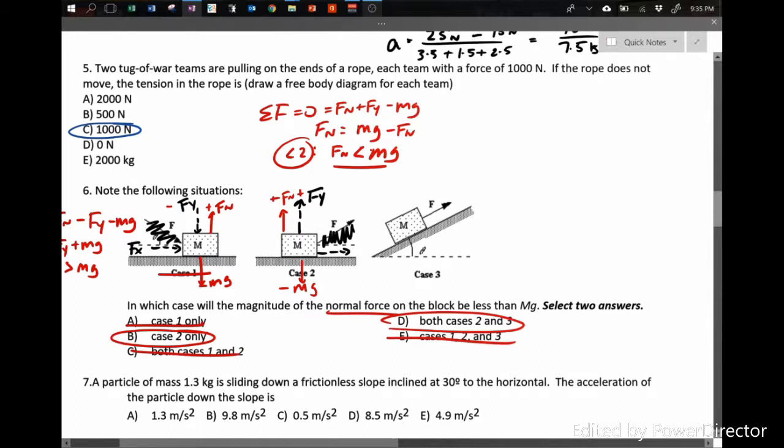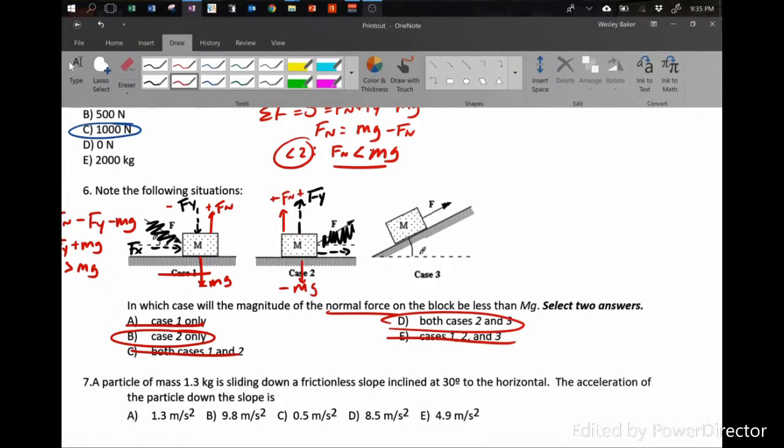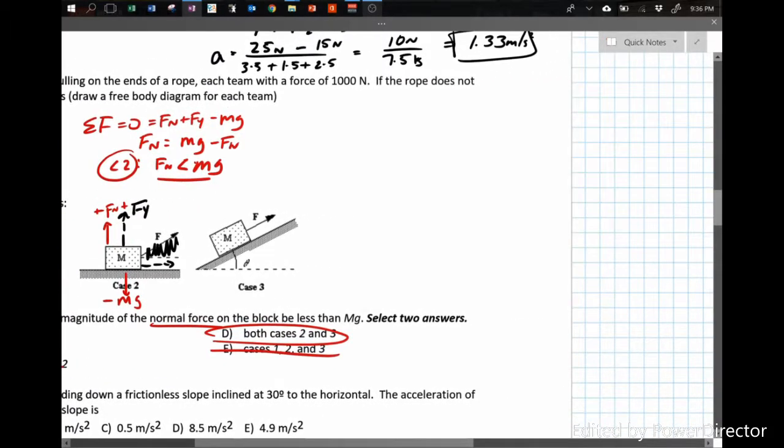Case 3, we're on an inclined plane. We have to play by slightly different rules. On an inclined plane, objects accelerate up and down the plane.